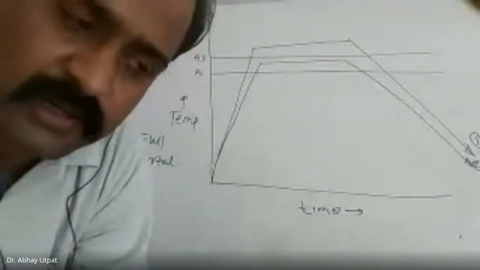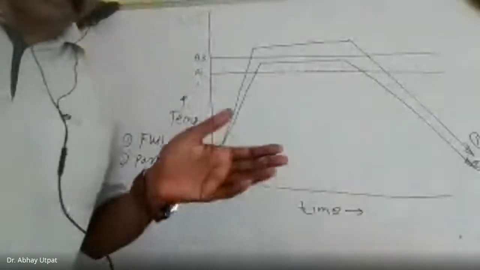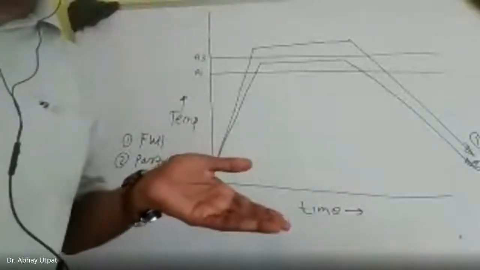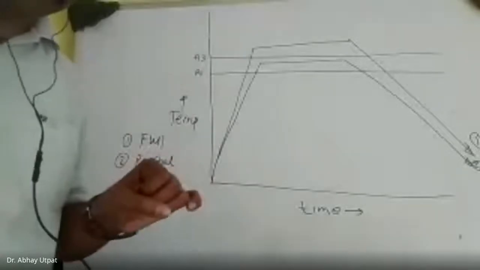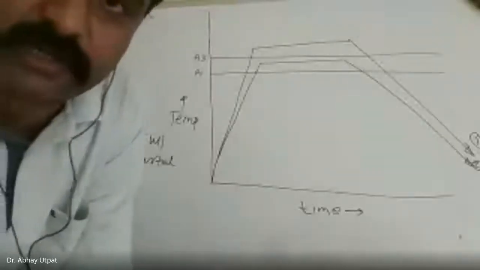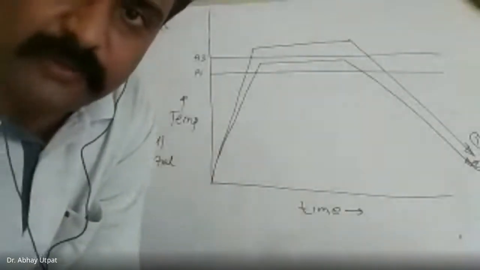Always remember, between A1 and A3 for hypoeutectoid, the phase is alpha plus pearlite. Whether I am correct or wrong, somebody should correct me. I am telling you a wrong thing intentionally. Is it alpha plus pearlite between A1 and A3?